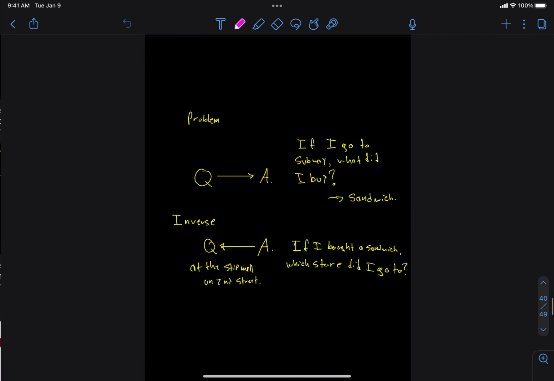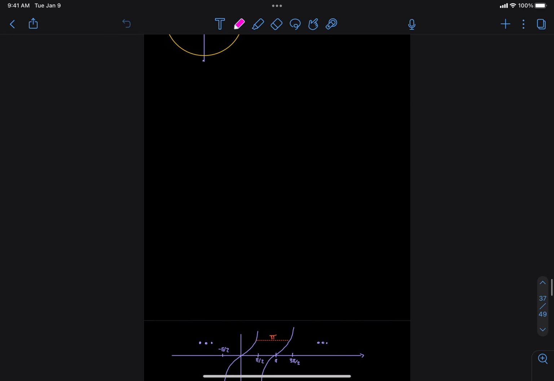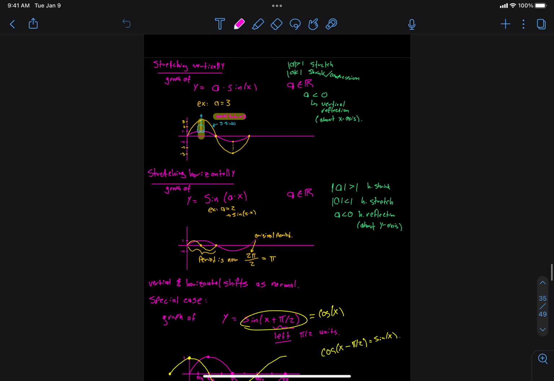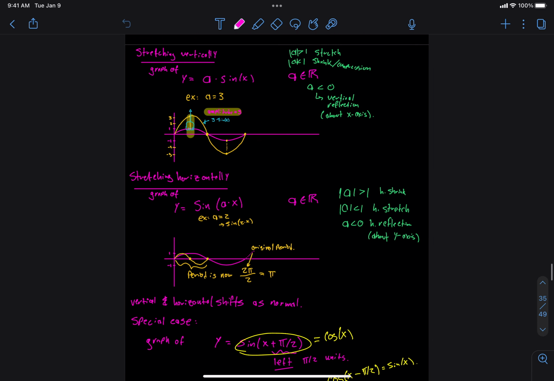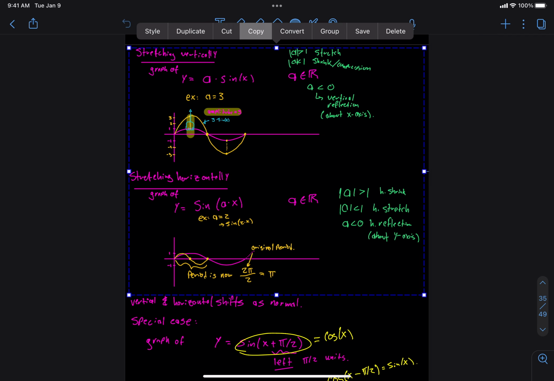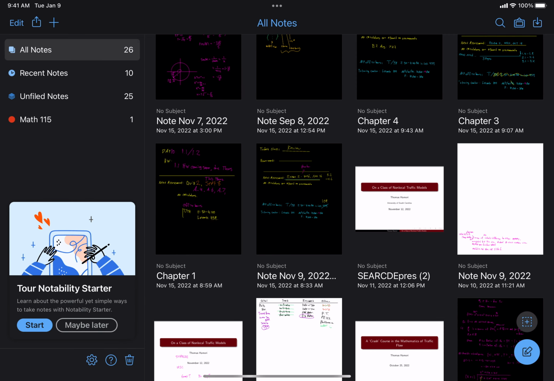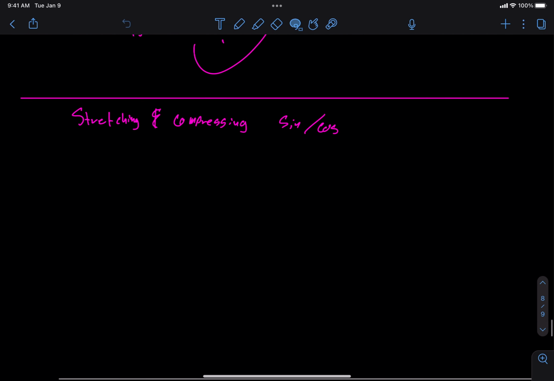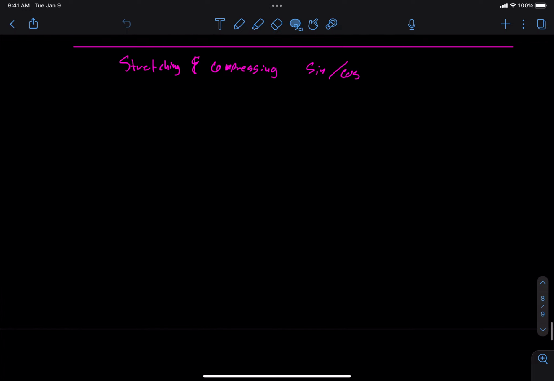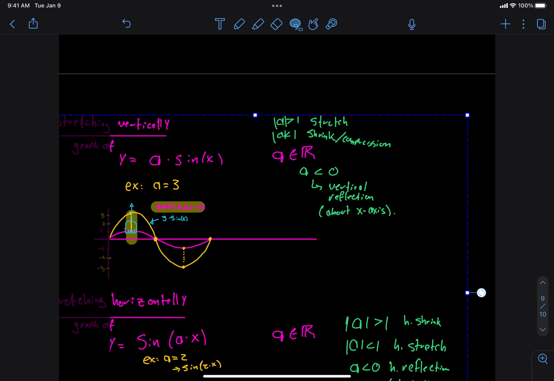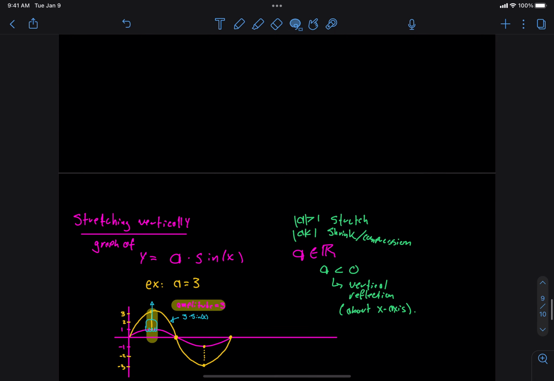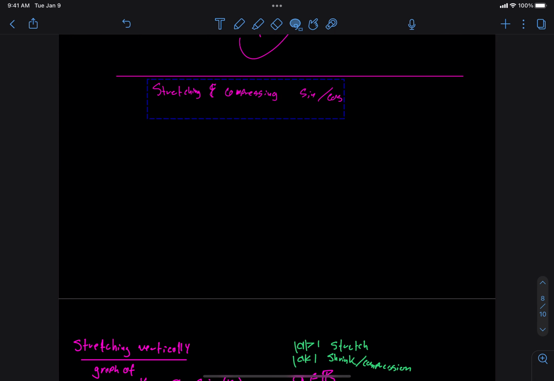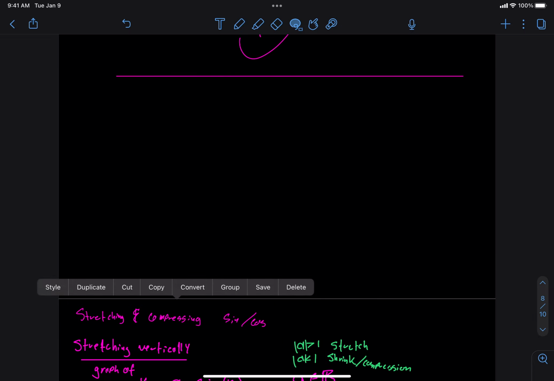So that's 4.45, I think. Okay, why don't I just paste it down here? I'll move this down. Okay, stretching and compressing sine and cosine.